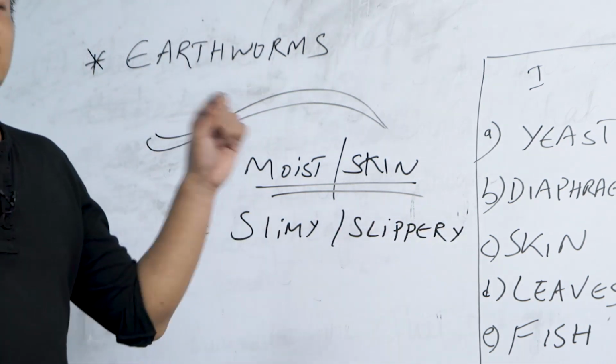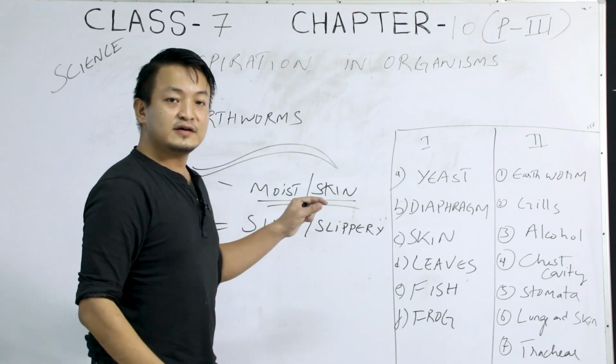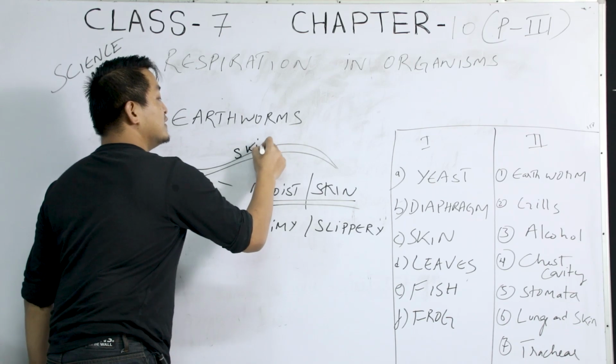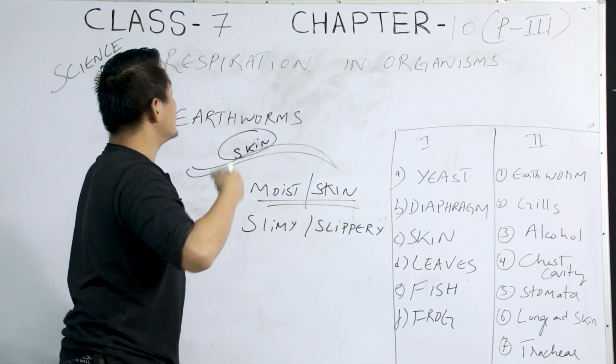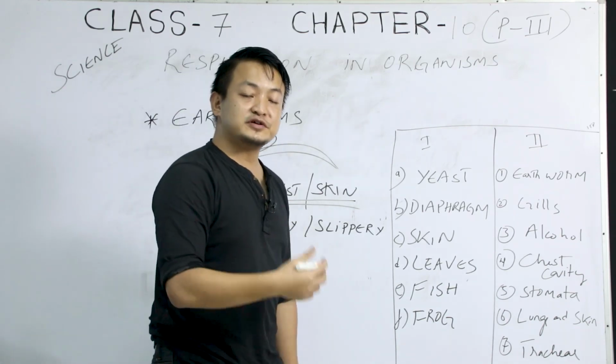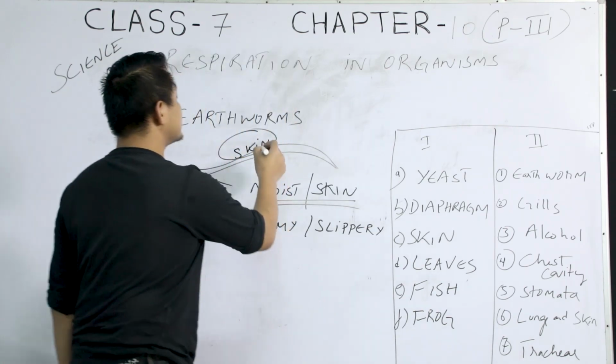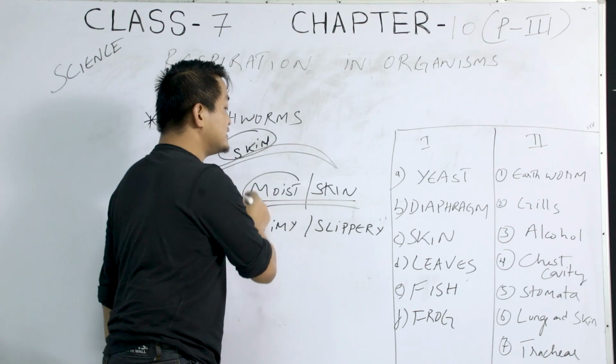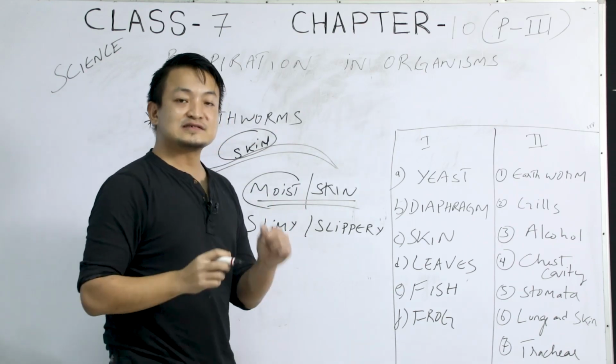That's why respiration takes place through this skin. So if you are asked how respiration takes place in earthworms, you can say through the skin, because they have a moist, slimy, slippery skin.